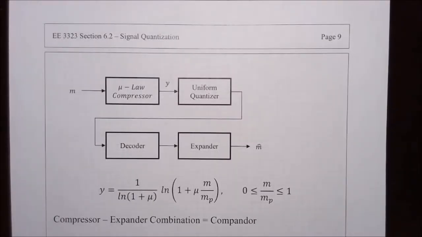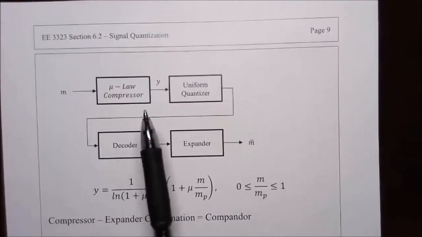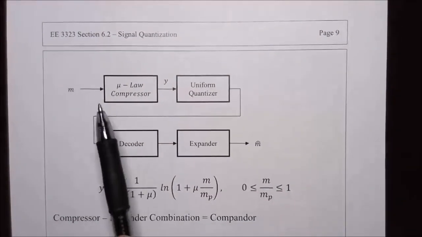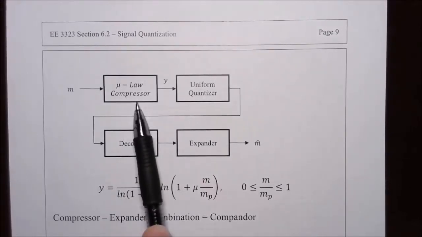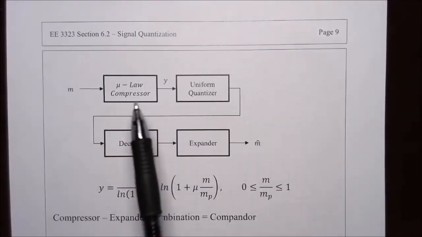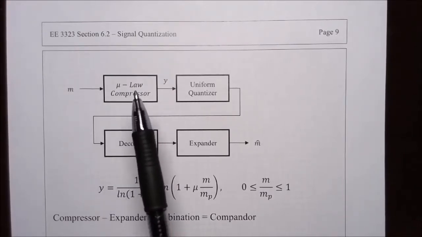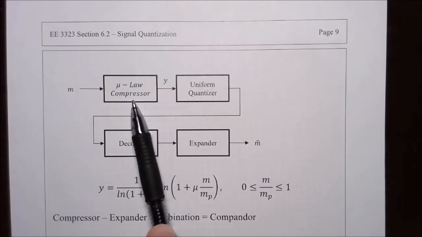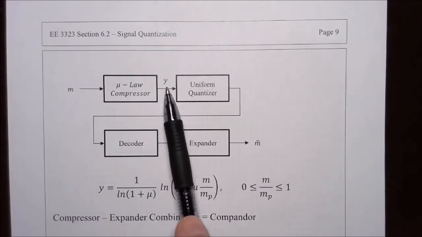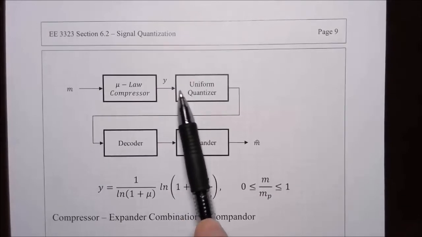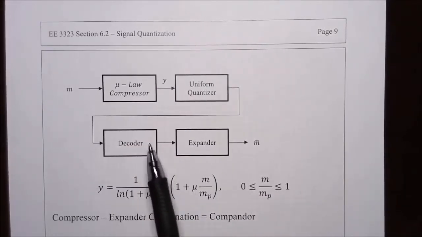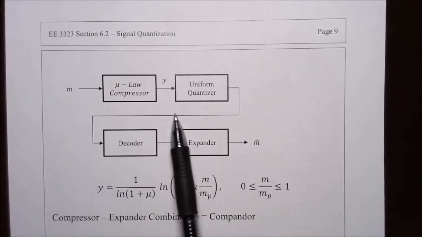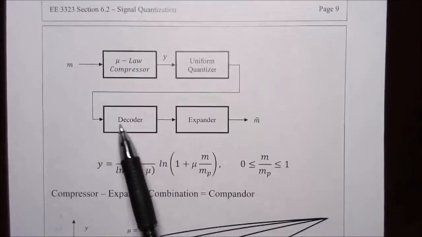The compression technique commonly used in this country is called a mu-law compressor. We have our message signal M that goes into a circuit that we'll model this way anyway, that compresses the input signal, producing a compressed signal Y, and then that we'll apply to a uniform quantizer, and then the message at the receiving end will be decoded.